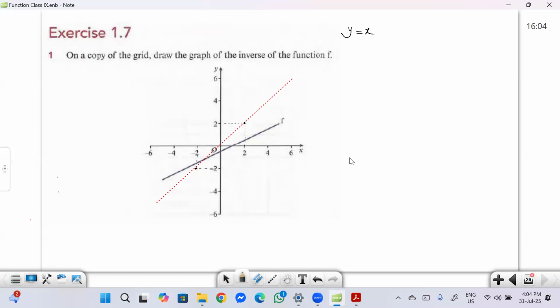Now, what you need to do to draw the inverse, we need to reflect the line that we have of f, okay, for the function f. So what you need to do here, this point will get reflected over here, perpendicularly here. Then this point will get reflected here.